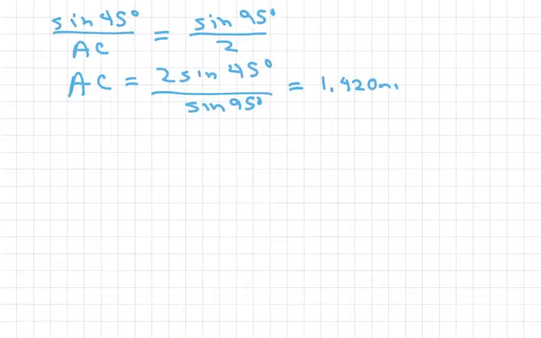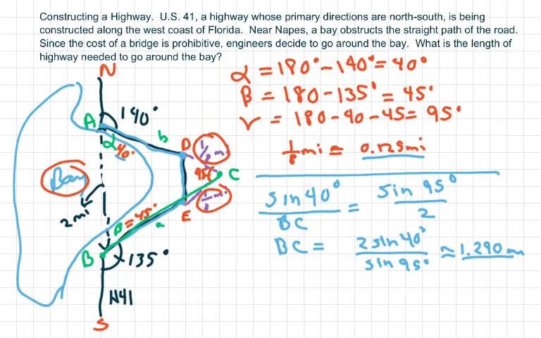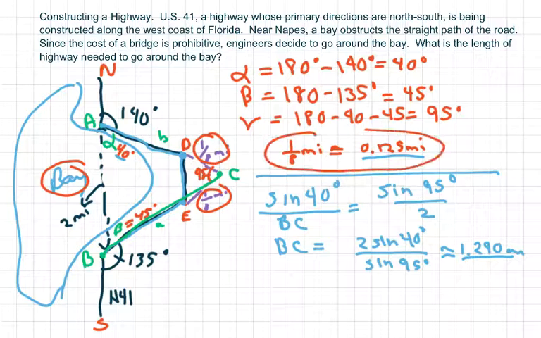So let's go ahead and do that. So BE equals 1.290 minus 0.125. Again, we're subtracting this extra. We had to make a triangle to do this, so we have to subtract it back out. That part right there.